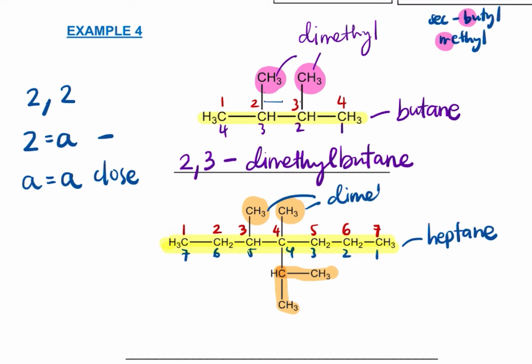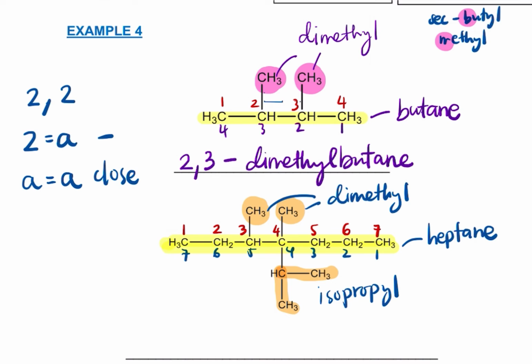Next one, I got this structure, kaki ayam with 3 carbon atoms. So the name of it will be isopropyl. So for this case, how I want to write my name, I have to follow the alphabetical order for my substituents.